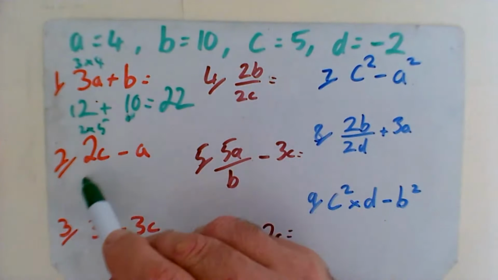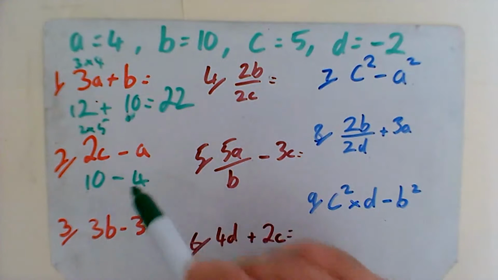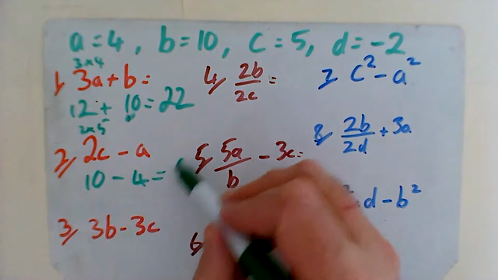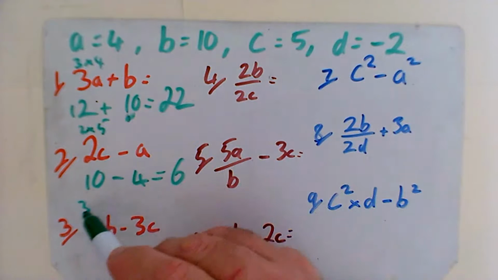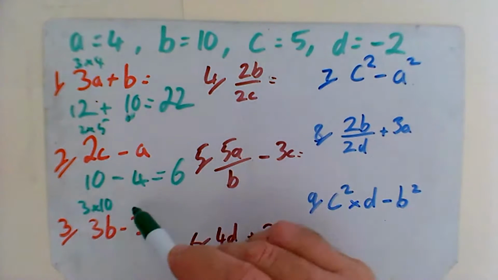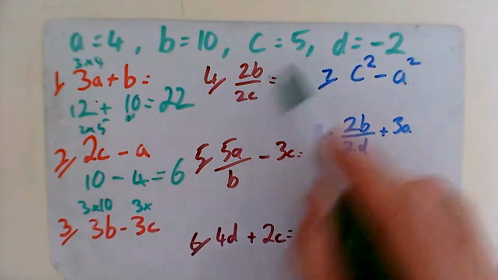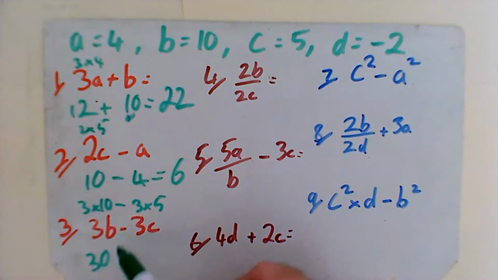So that's 10, and we're taking away a, which is 4, gives us 6. Okay, 3b minus 3c. So this is 3 times b, which is 10, and 3 times c, which is 5. We're going to take them away. So 3 times 10 is 30, take away 15, which gives us 15.